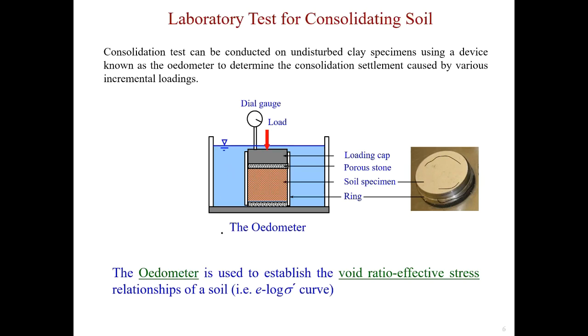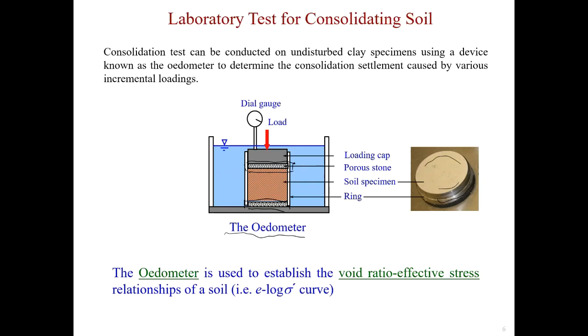This is normally the odometer testing apparatus. We put below it a porous stone, and above it another porous stone. These porous stones simulate the sand drainage layers, so the water that is being squeezed out of our clay sample can get out without a problem.